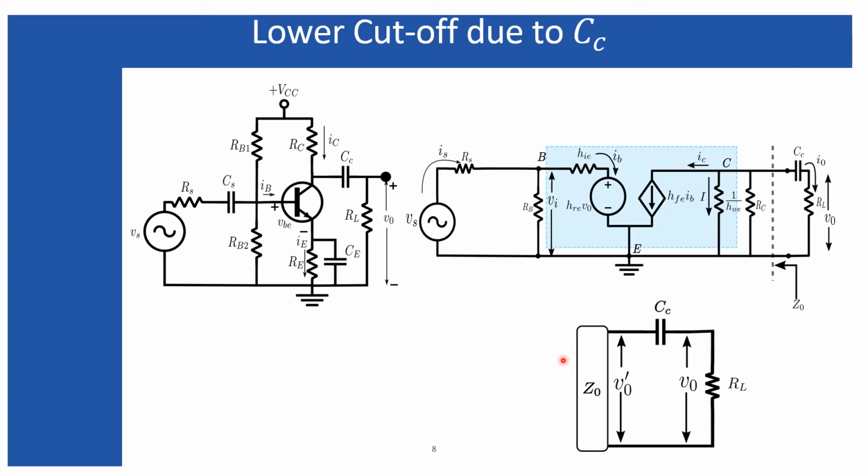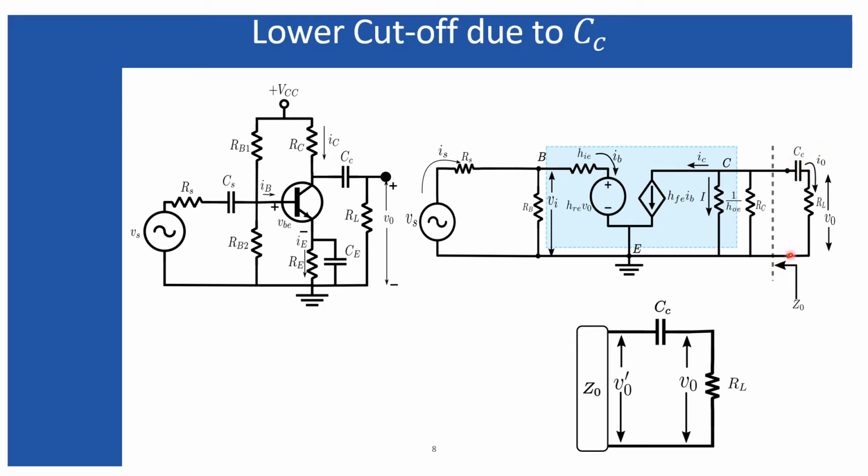Next, I will consider Cc. That is this capacitor, and when I am considering this capacitor, I should consider Cs and Ce to be shorted. Therefore, I should look from this terminal in order to find the equivalent resistance which is associated with this capacitor.